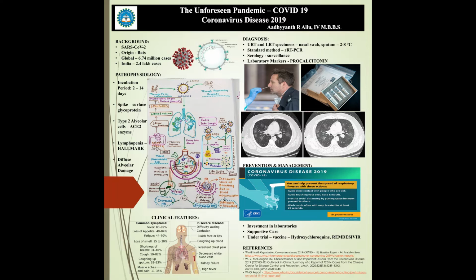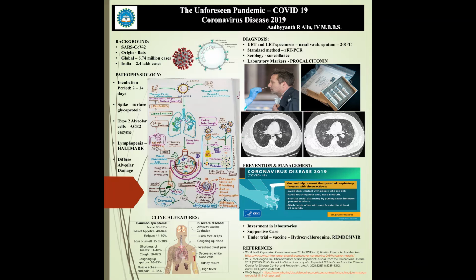Moving on to the diagnosis of the disease, the CDC, that is the Center for Disease Control and Prevention, has recommended both upper respiratory tract and lower respiratory tract specimens, which include nasopharyngeal swab, oropharyngeal swab, and sputum, which are to be collected in sterile separate containers containing 2 to 3 ml of viral transport media and to be refrigerated at 2 to 8 degrees Celsius.